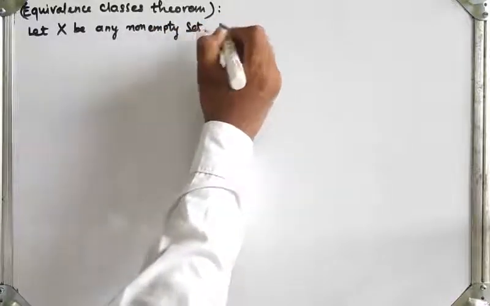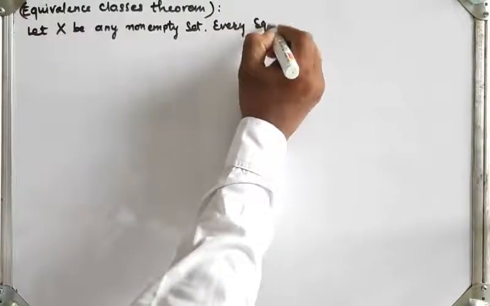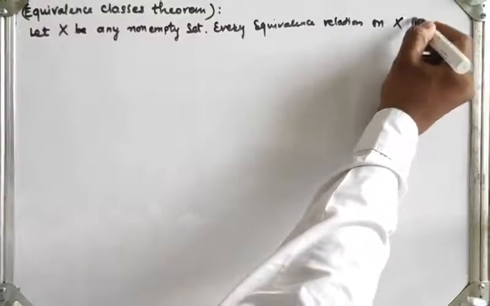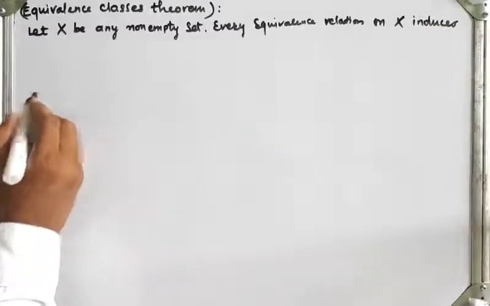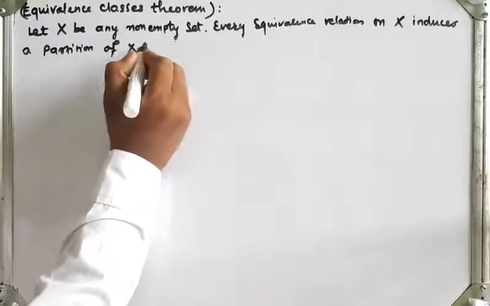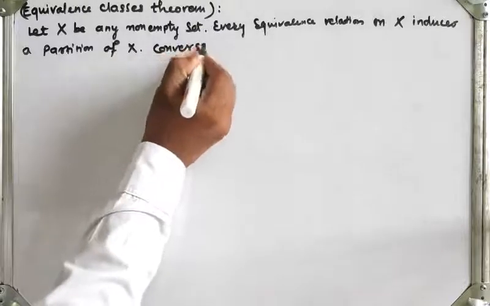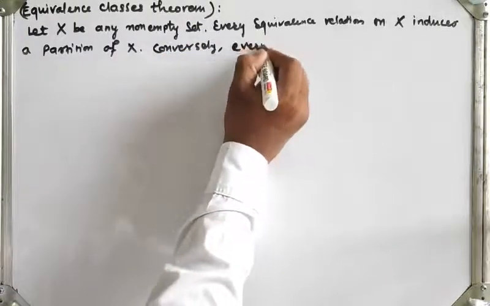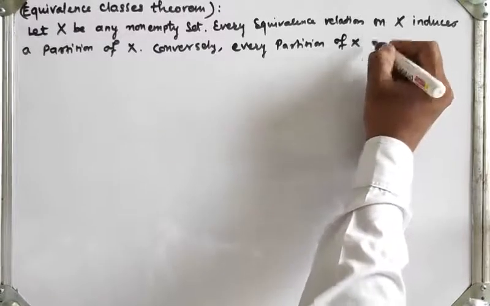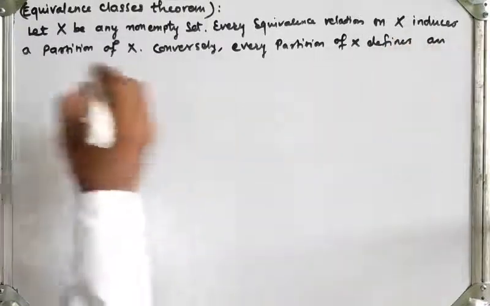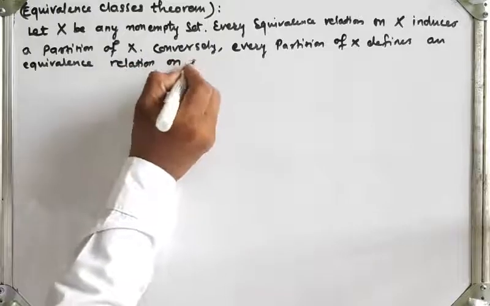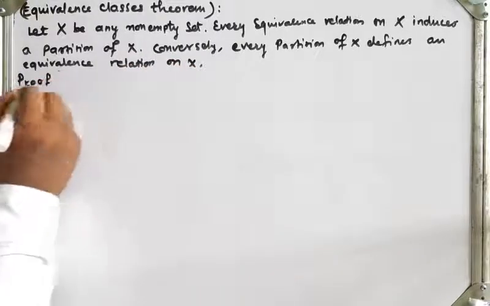Then every equivalence relation on X induces a partition of X. Conversely, every partition of X defines an equivalence relation on X. So we will prove this theorem.